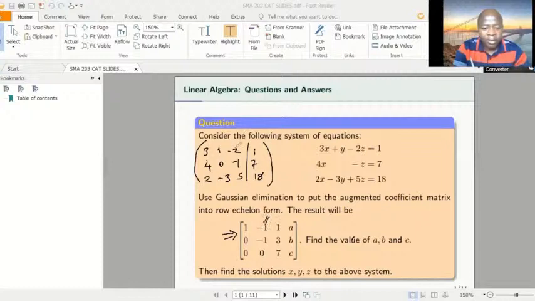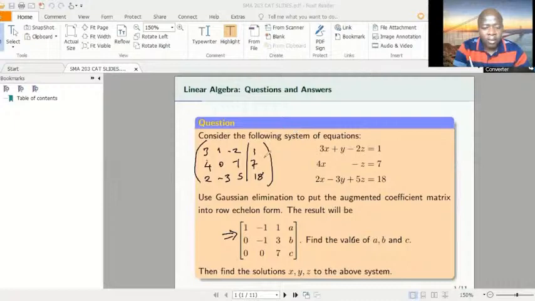If you divide by 3, there'll be negative 2 out of 3 in this position, but what we want is 1. So that means that the option of dividing this first row by 3 may not work for this particular question. So we think of another option. We think of another way of obtaining 1 in that position.